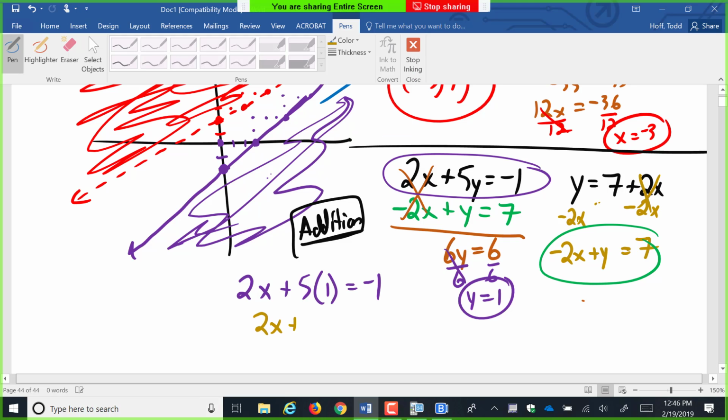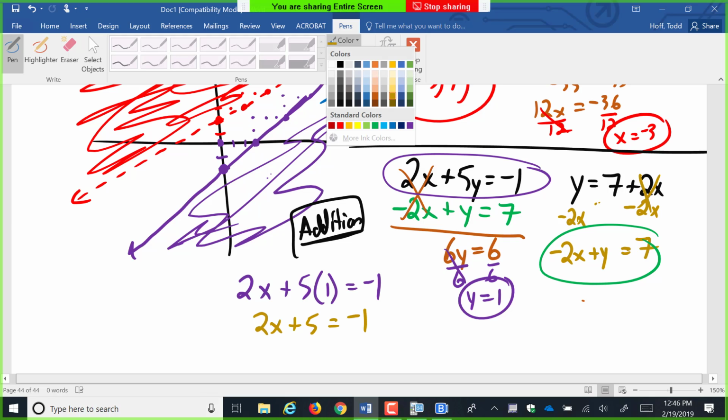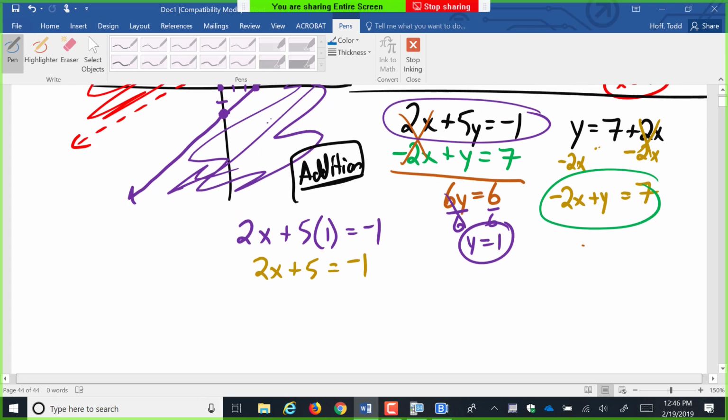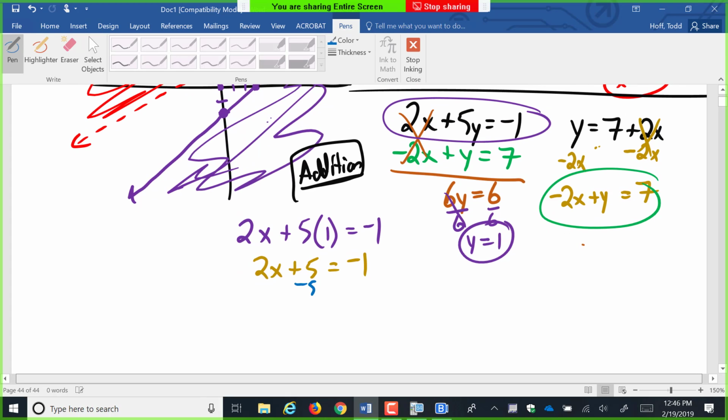So 5 times 1 is 5, so this becomes 2x plus 5 equals negative 1. We solve now by subtracting 5. 2x equals negative 6, and dividing by 2, x equals negative 3. So we got negative 3 comma 1.